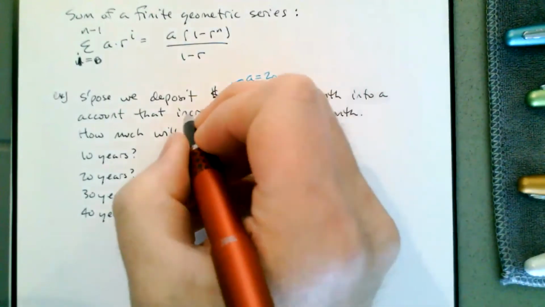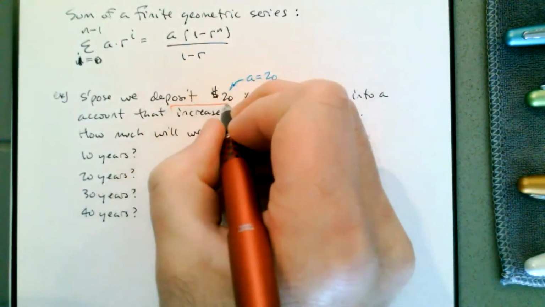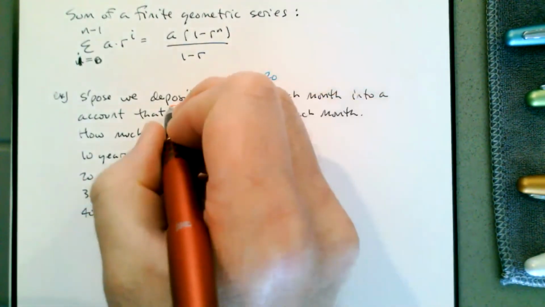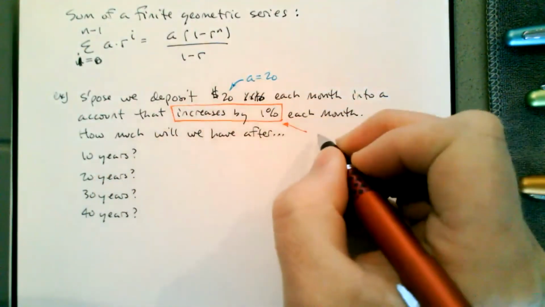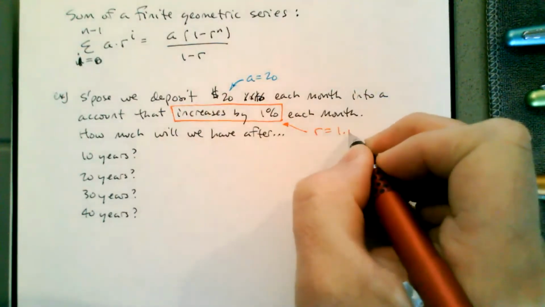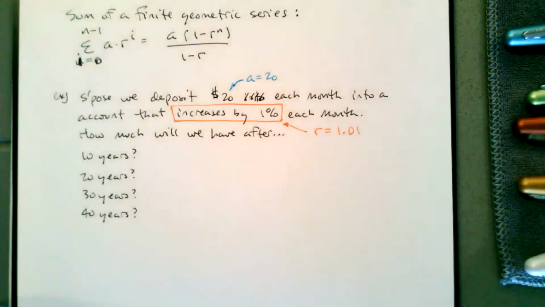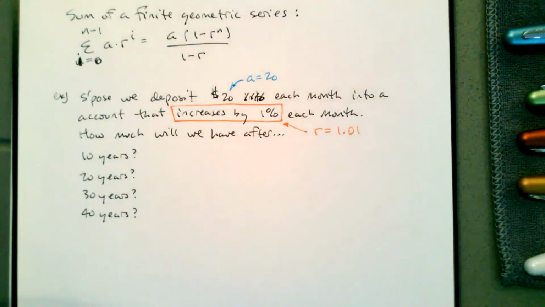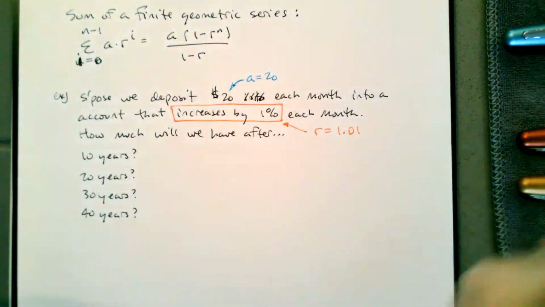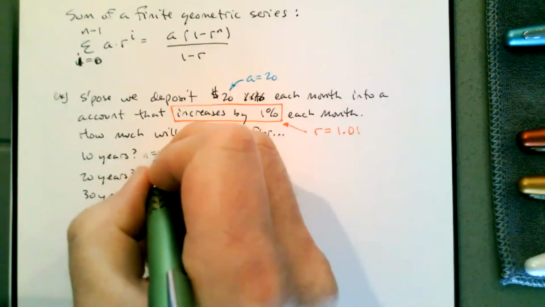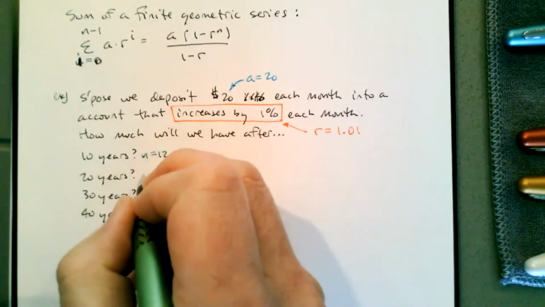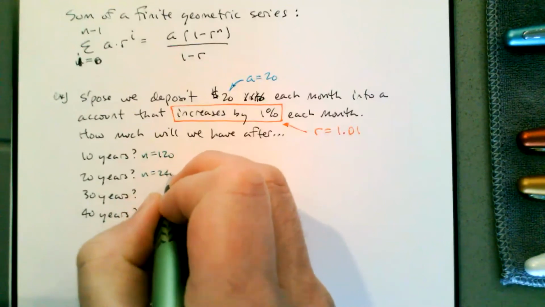Our common ratio comes from increases by 1% each month. After 10 years, that determines our number of terms: 120 months. After 20 years, we'll have 240 months, and so on.